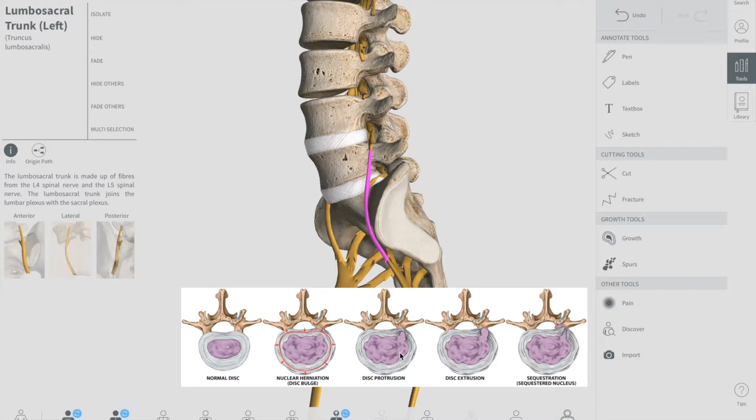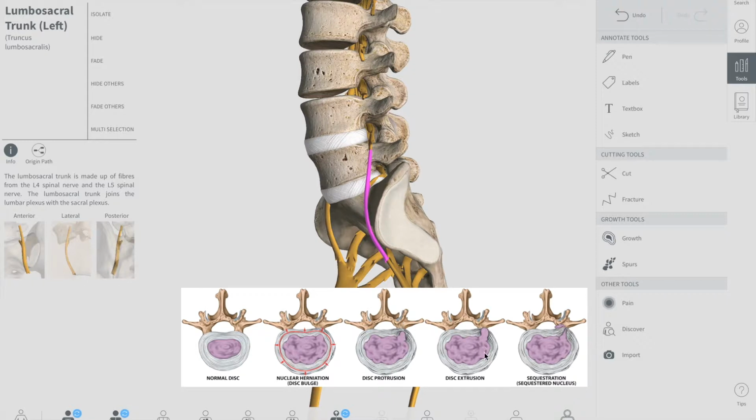The next type of a herniated disc is a disc protrusion, right here. In a disc protrusion, that jelly-like structure has migrated farther back against the wall, okay? So it's farther back here, pushing against the wall, but still is contained in the wall, okay?